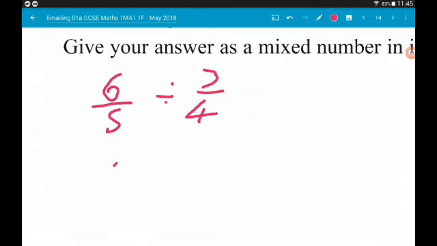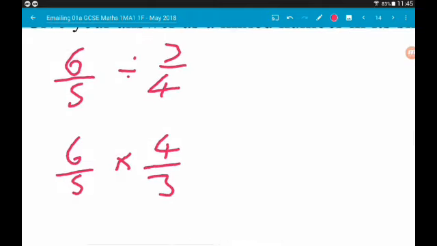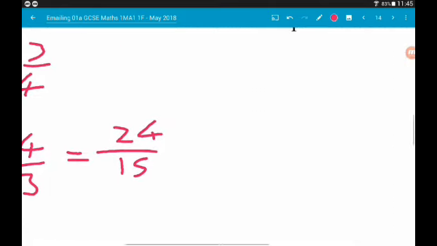So we get 6/5 times 4/3. Now to multiply fractions together, it's the nice one. We do the top times the top over the bottom times the bottom. So 6 times 4 is 24. 5 times 3 is 15. That then has a common factor of 3.